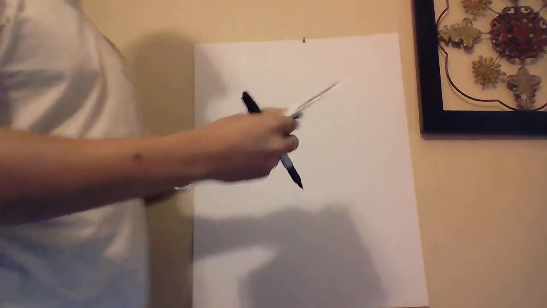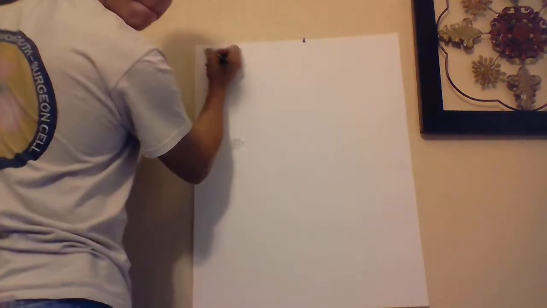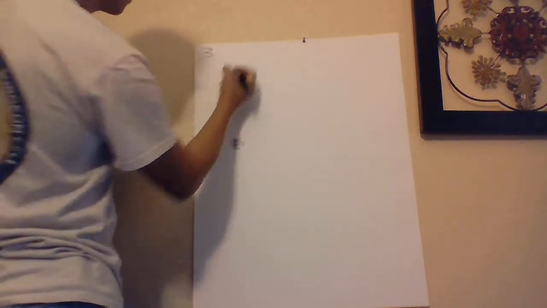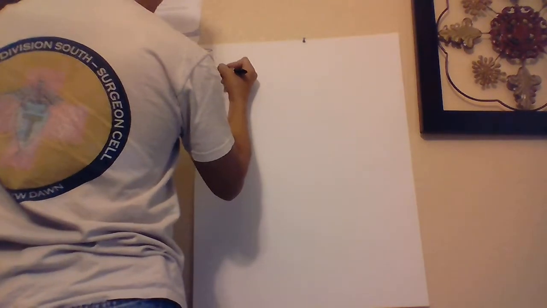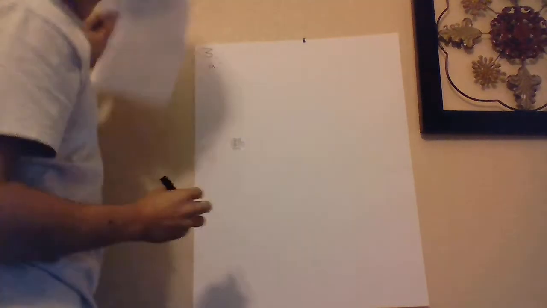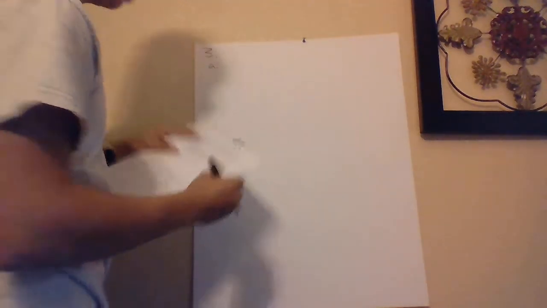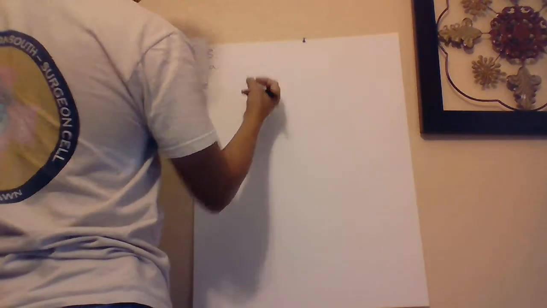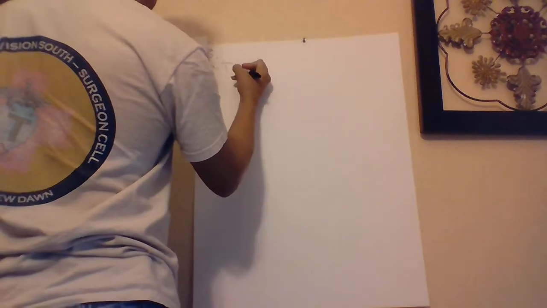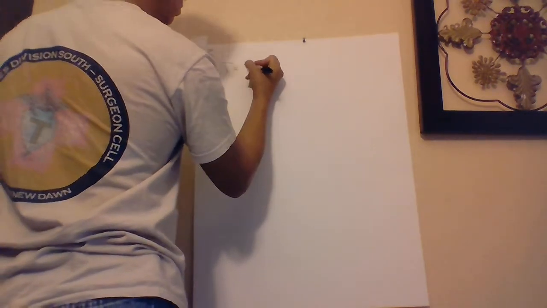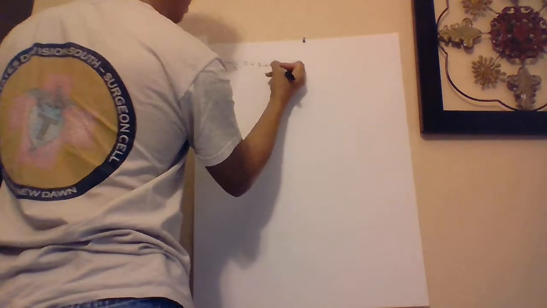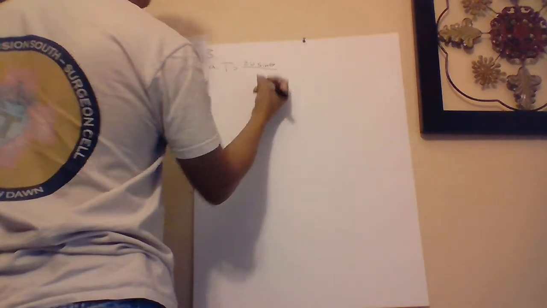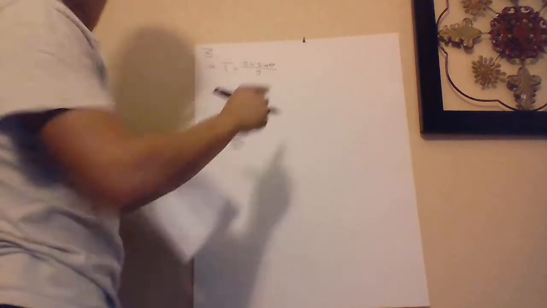Okay, so number 3, projectile motion. For part A, we want to find the time in the air. Very simple. We use the formula T equals 2 velocity sine of angle over gravity.